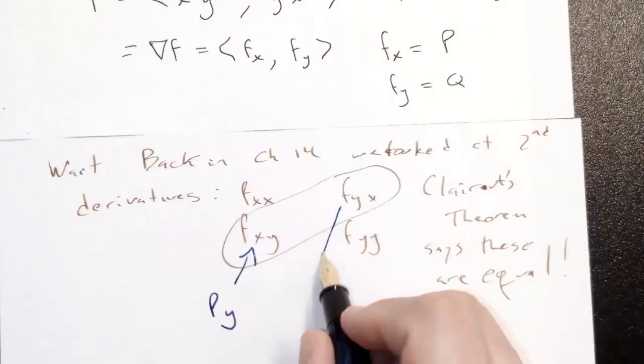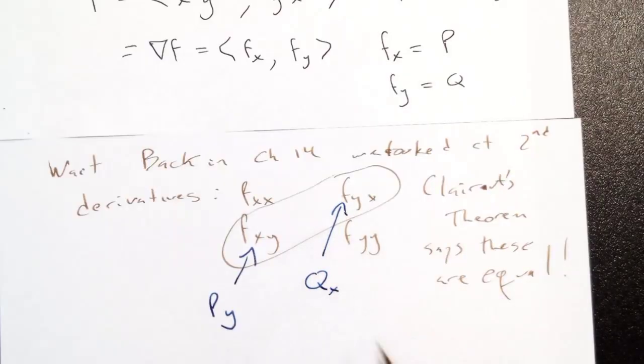And this piece right here, that's Q_x. Whoa. When I have a potential function, those two things have to be equal.